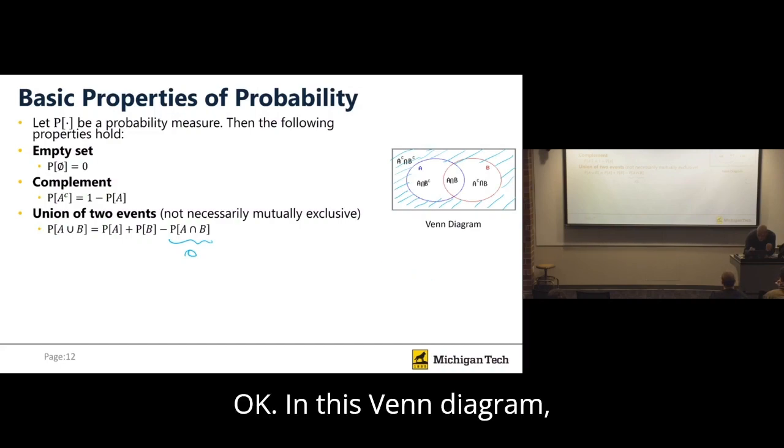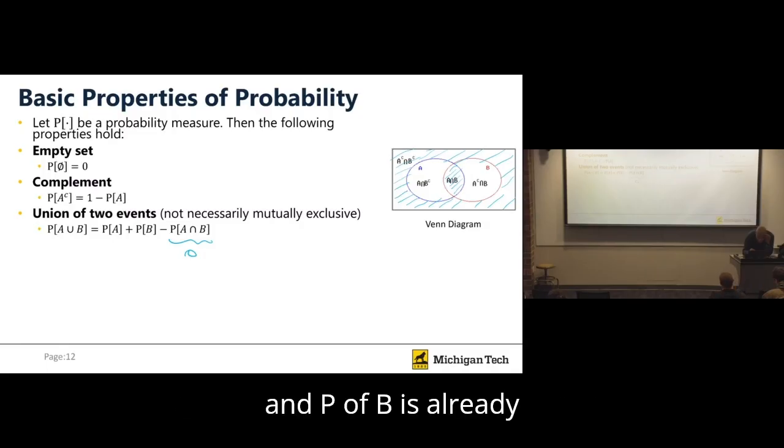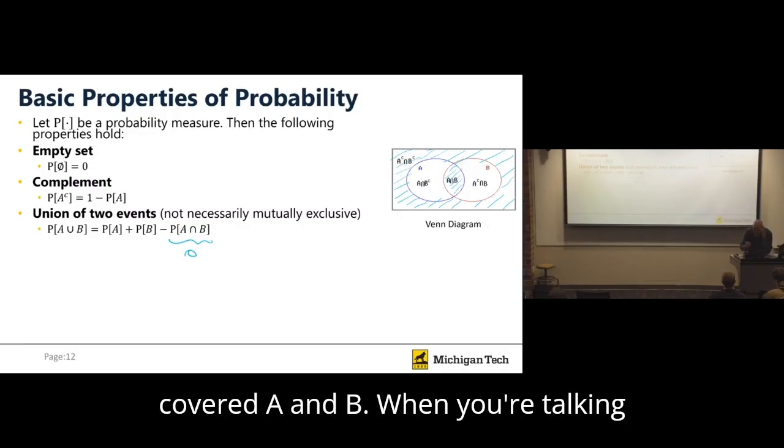In this Venn diagram, this is A and B. And P of A already covered A and B one time, and P of B is already covered A and B.